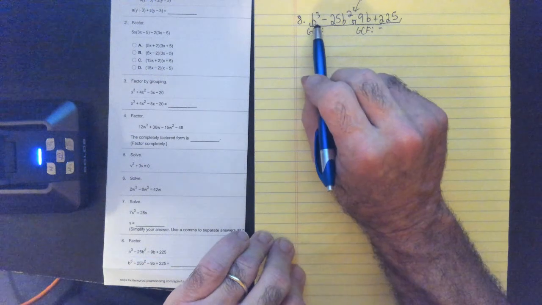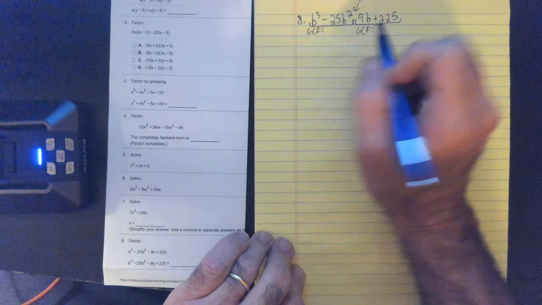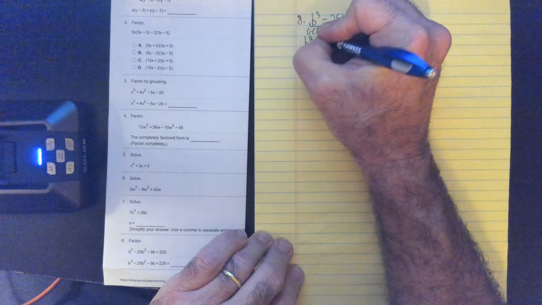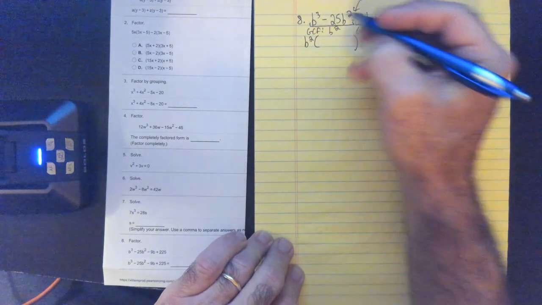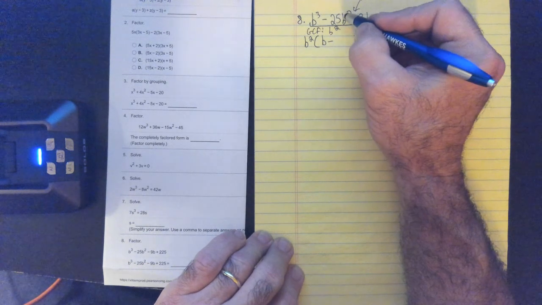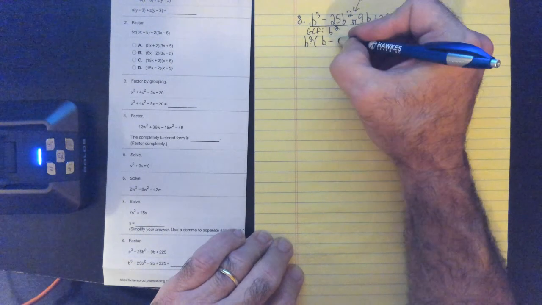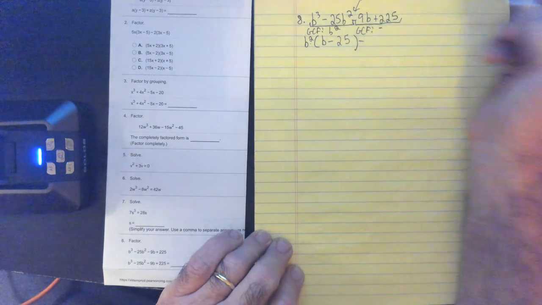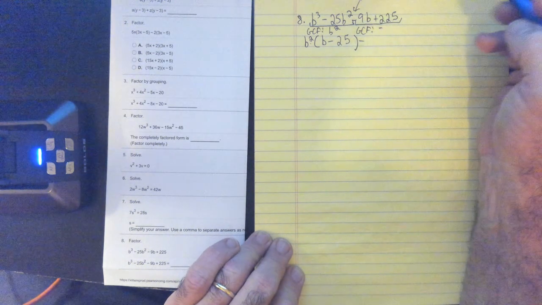So the first 2, b cubed and 25b squared, they both have a b squared in them. So I'm going to factor out the b squared and put what's left. b cubed divided by b squared leaves me a b, minus 25b squared divided by b squared leaves me 25.